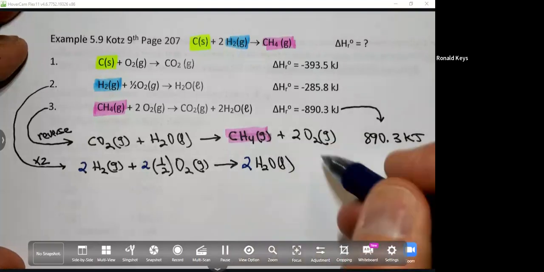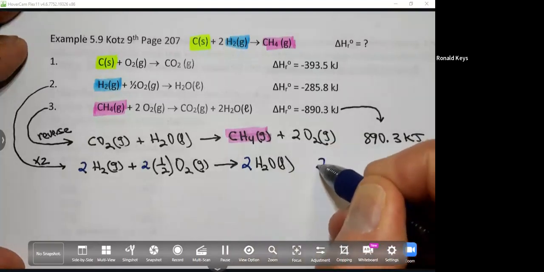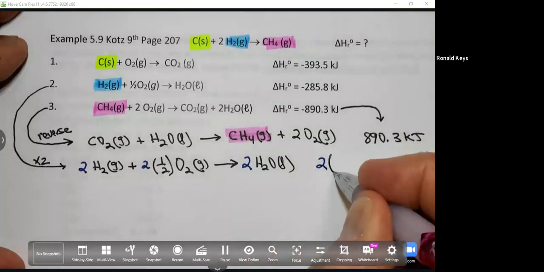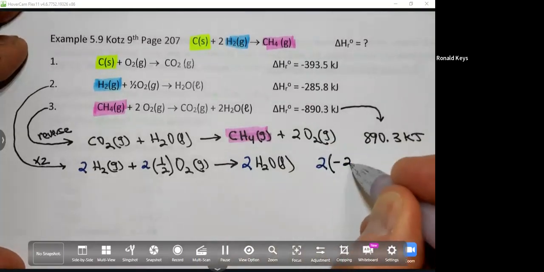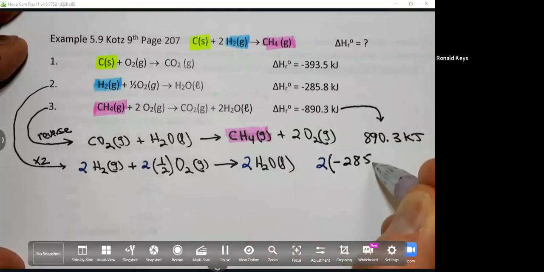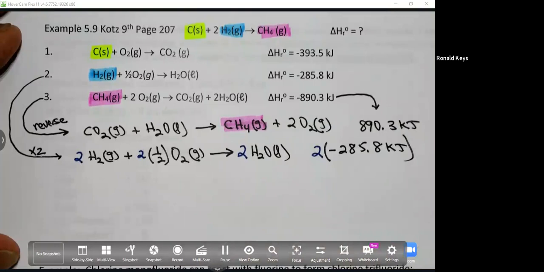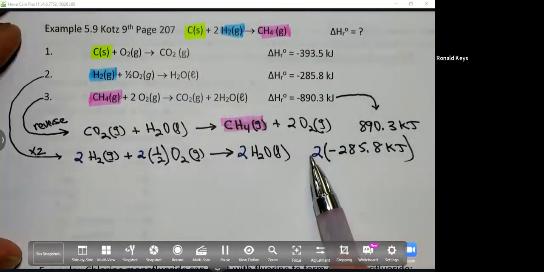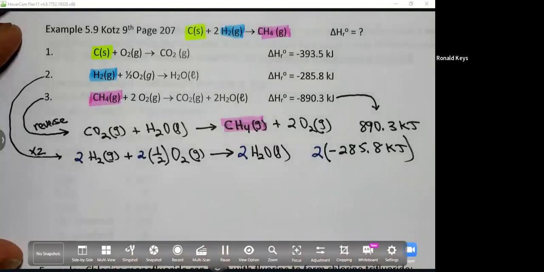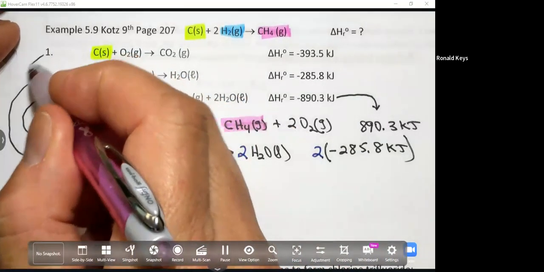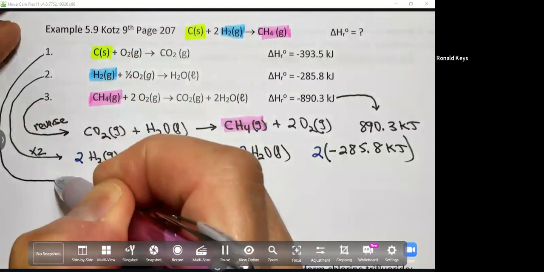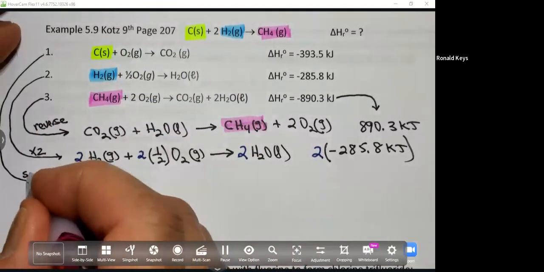Then 2, we didn't reverse this, did we? 2 times negative 285.8 kilojoules. So we're not changing the sign because we didn't reverse it, right? We're just multiplying. Here's my 2. I just carried a 2 all the way through. And I'm hoping that this one right here can just stay the same, right?